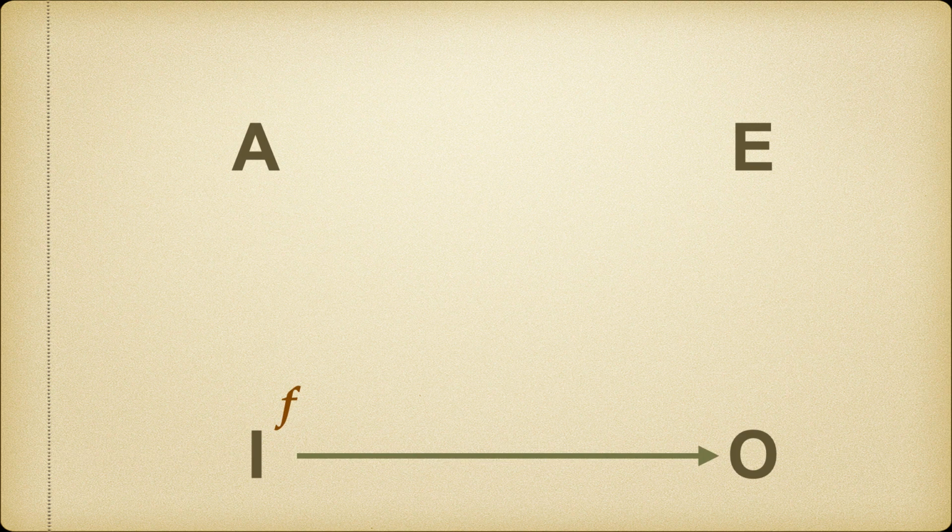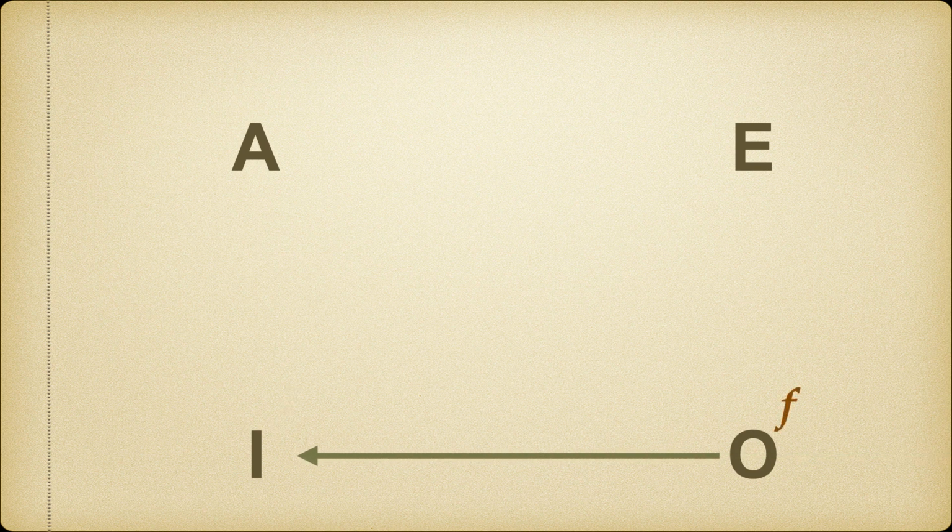Now let's suppose that an I proposition is false. If that's the case, O must be true, because in the subcontrary relationship, at least one of them must be true. So if we start off assuming that one claim is false, in this case the I proposition is false, then we can immediately infer that its opposite must be true, because at least one of them has to be true.